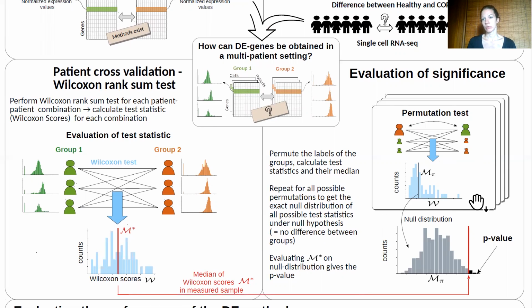With all the different permutations, we get our null distribution and can then calculate our p-value. So with that, we get all the genes that are significantly differentially expressed or not. We get a list with all the genes, and that is then our result.